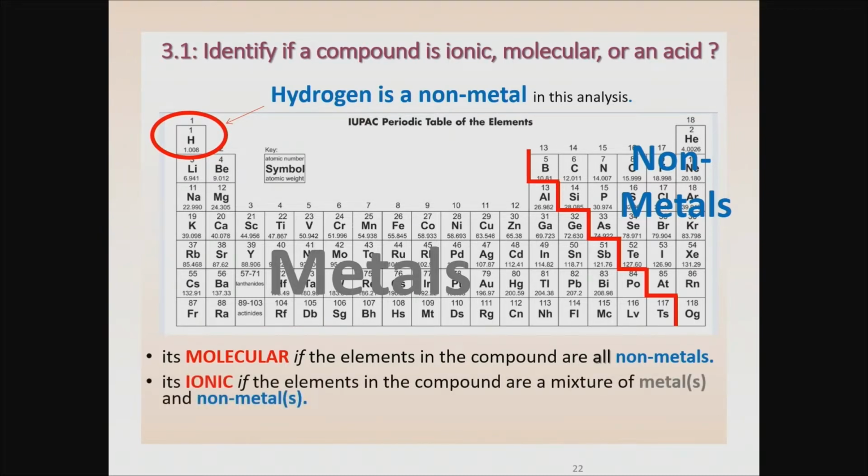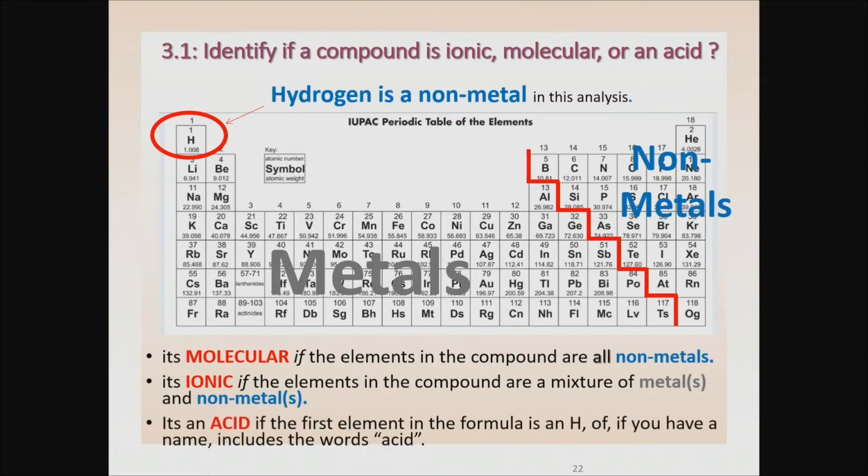You have an ionic compound if you find that the elements in the compound are mixtures of metals and nonmetals. And finally, you have an acid if you are looking at a formula and the first letter is H, or you're looking at a name for the acid and the word acid appears in the name.